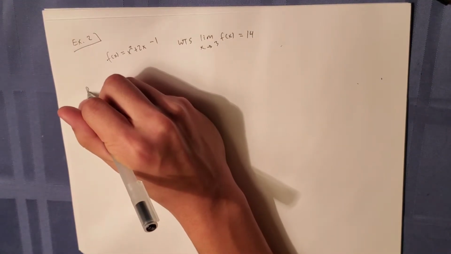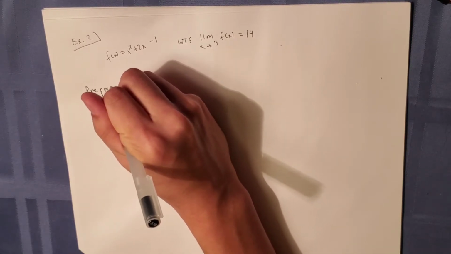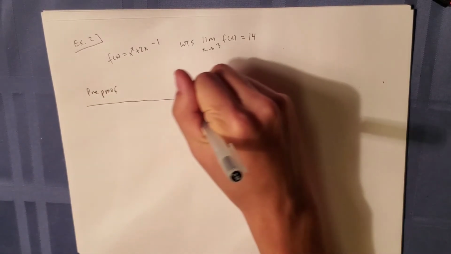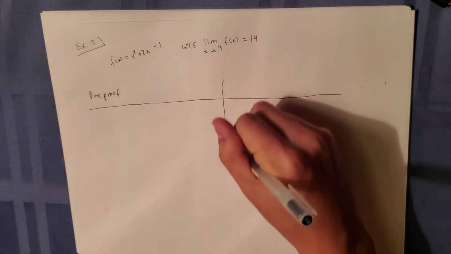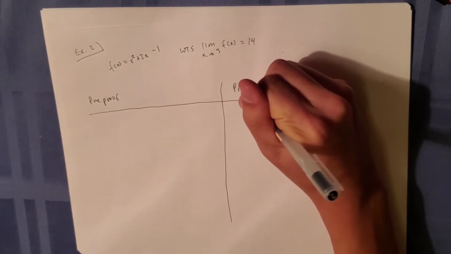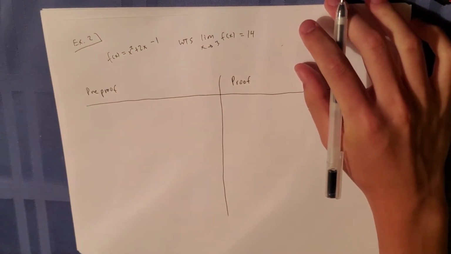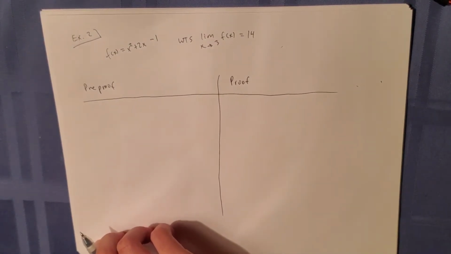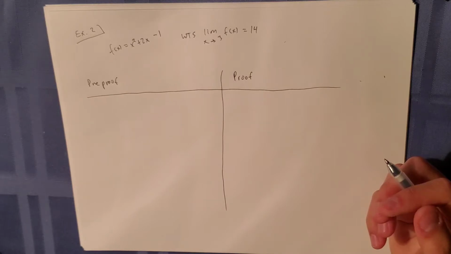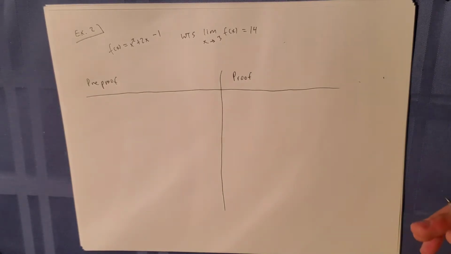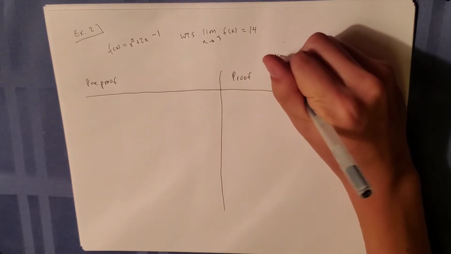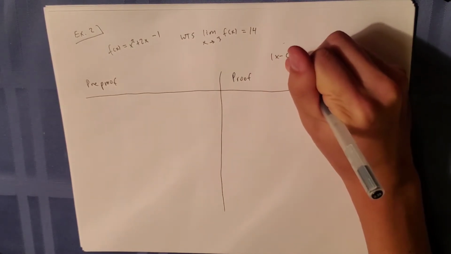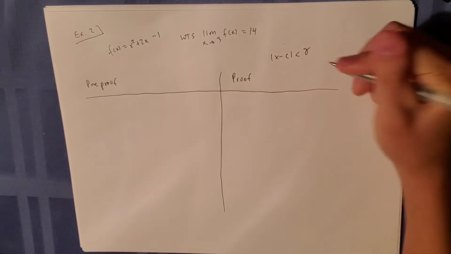Now we have our pre-proof and our proof. So the purpose of the pre-proof is to express x in terms of epsilon, because we already know that the absolute value of x minus c is less than delta.